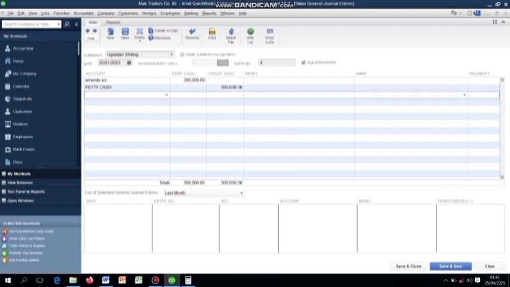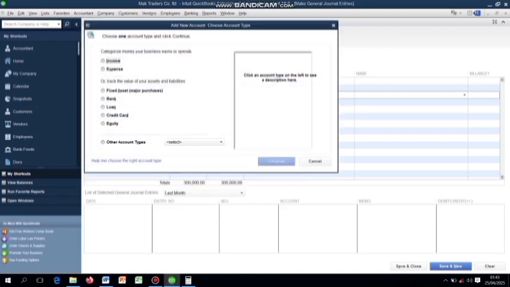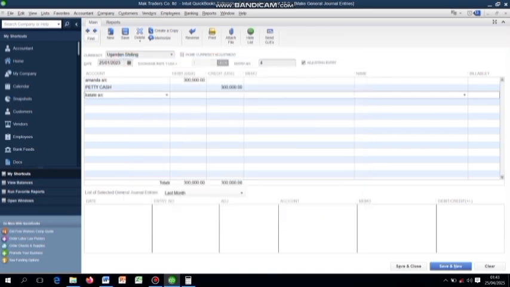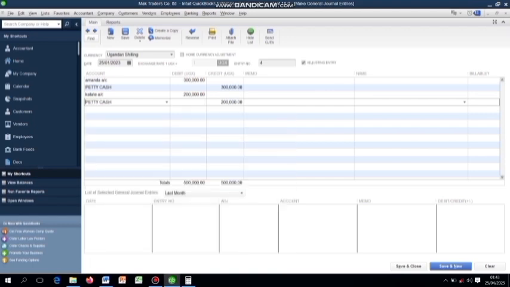I'll go to the next one, who is Katate. So I'll add a new, still an expense. It is Katate account. So I'll debit her with 200. Yes, then I'll still debit her also with the petty cash because she was paid cash. Then I will save and close.